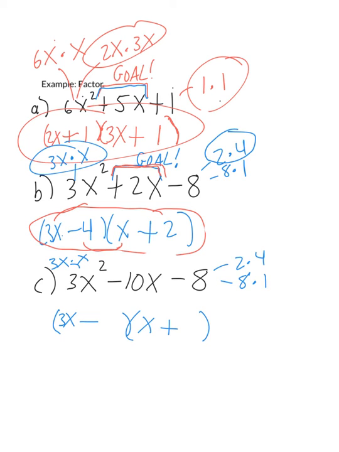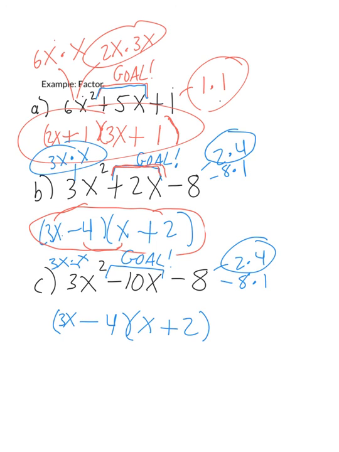I like to, as usual, pick the overall smaller pair to begin. So I'm going to try 2 and 4 again. And let's just throw them in there. So let's put the 2 here and the 4 here. Our goal this time is a negative 10x when we do the OI check.